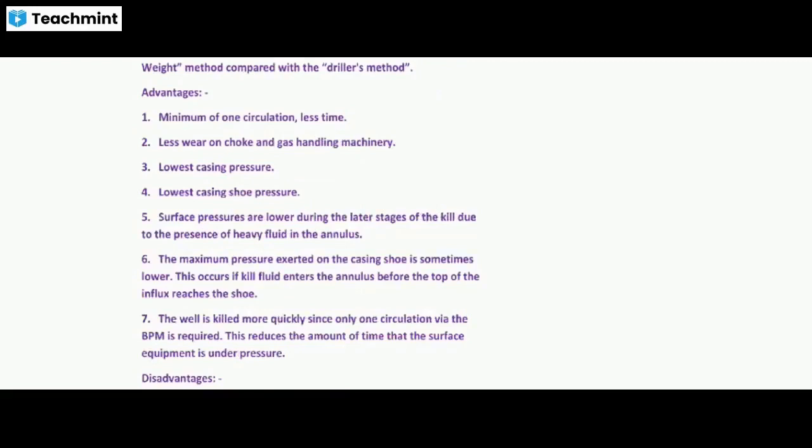And number five, the surface pressures are lower during the later stages of the kill due to the presence of heavy fluids in the annulus. Now the sixth point is that the maximum pressure exerted on the casing shoe sometimes will be lower, and this will happen if the kill fluid enters the annulus before the top of the influx reaches the shoe.